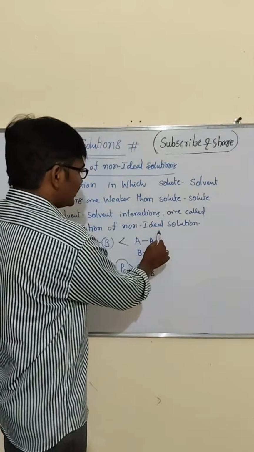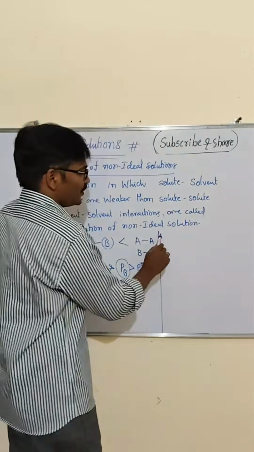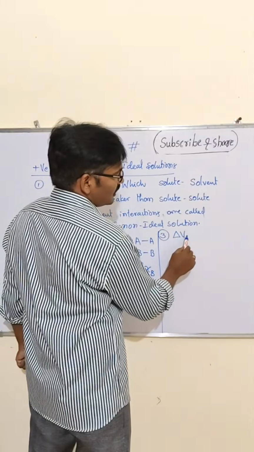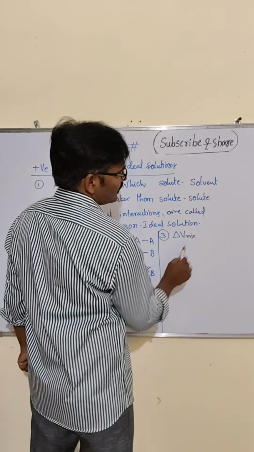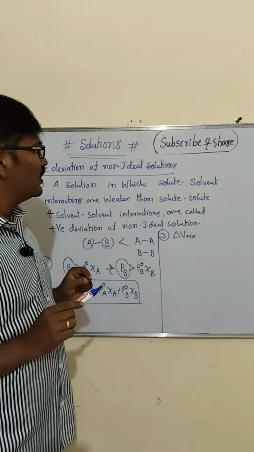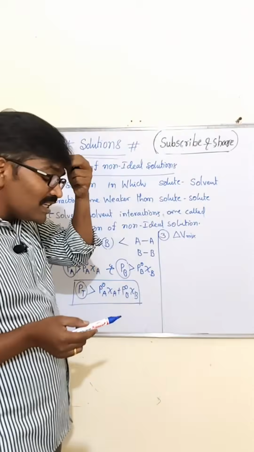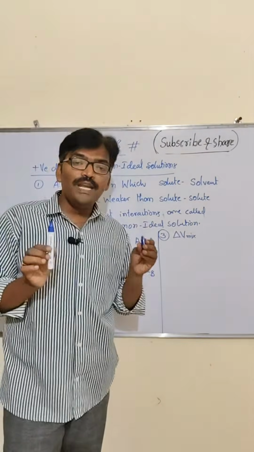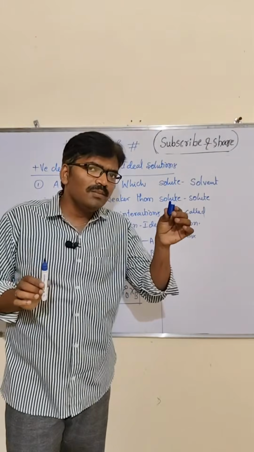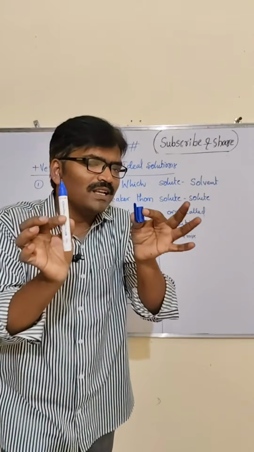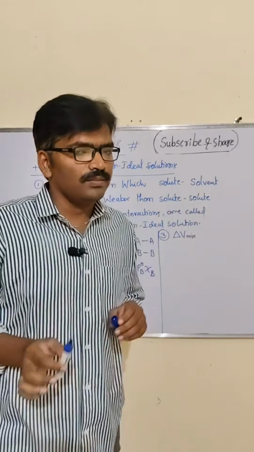Then remember, my dear students, the third point is very important: delta V mixing. When solute and solvent are mixed, in ideal solutions the volume is additive. I told you earlier that if solute is 10 ml and solvent is 10 ml, when both are added we get exactly 20 ml. That we call an ideal solution.